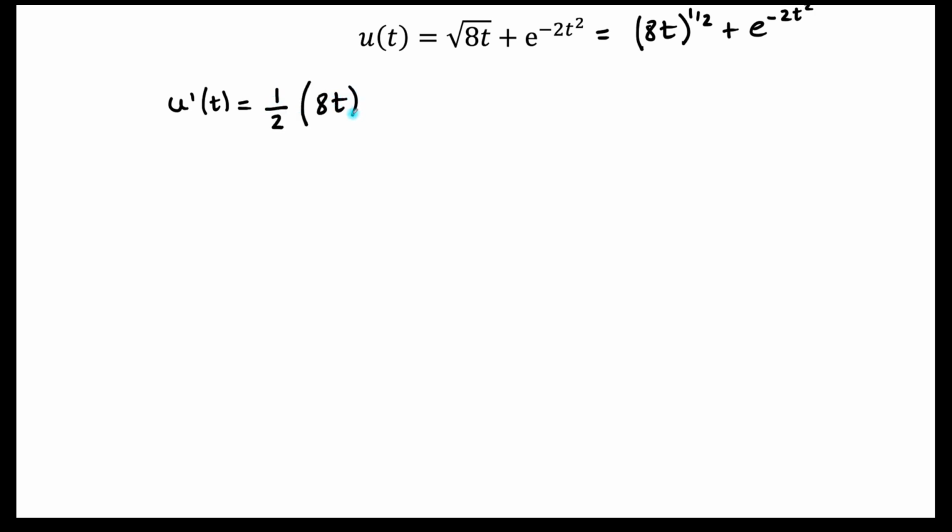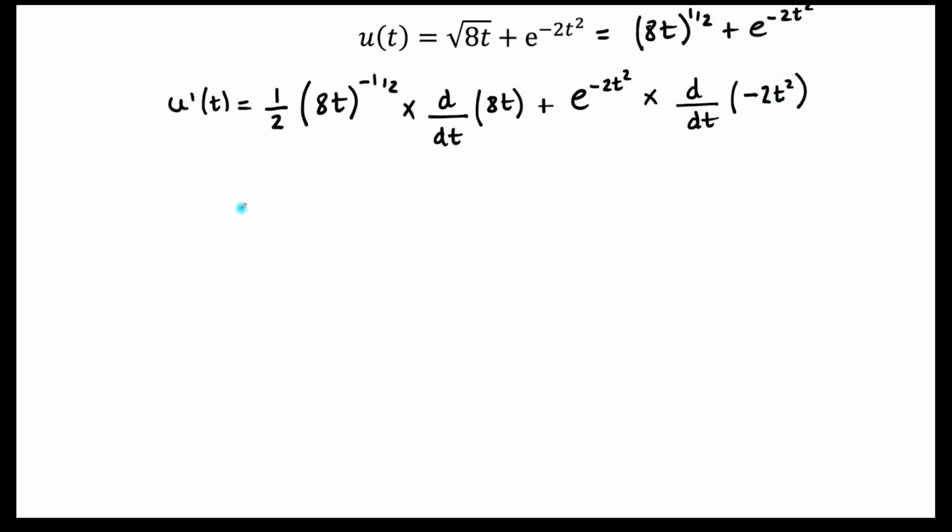So that will be a half (8t) to the minus a half times the derivative of the inner part, which is 8, plus the derivative of the outer part of the second portion, which will be e to the minus 2t squared, times the derivative of the inner part, which is minus 4t.